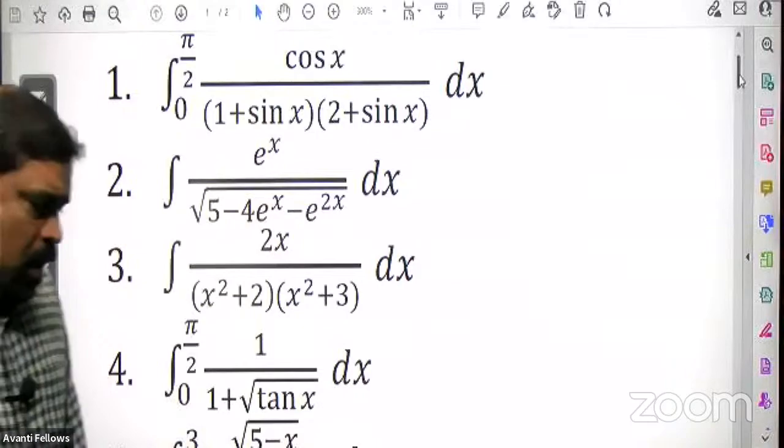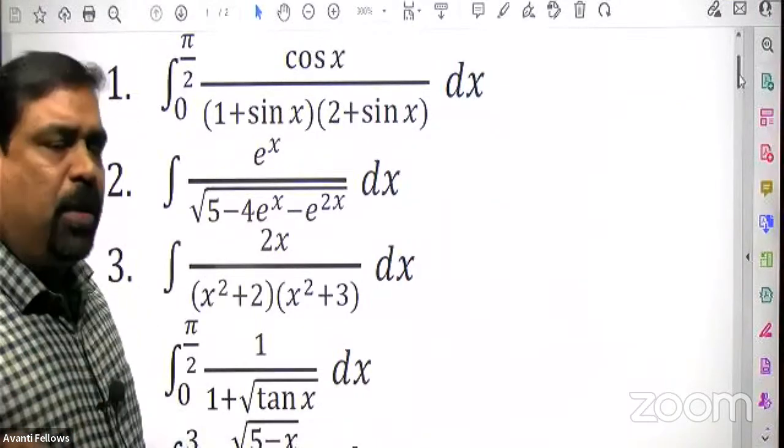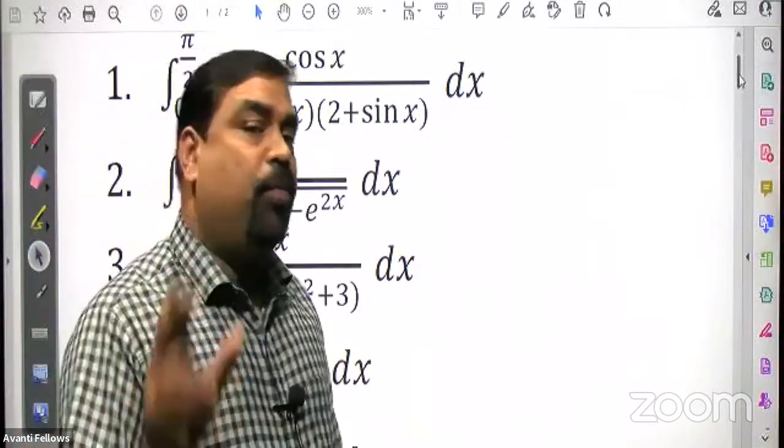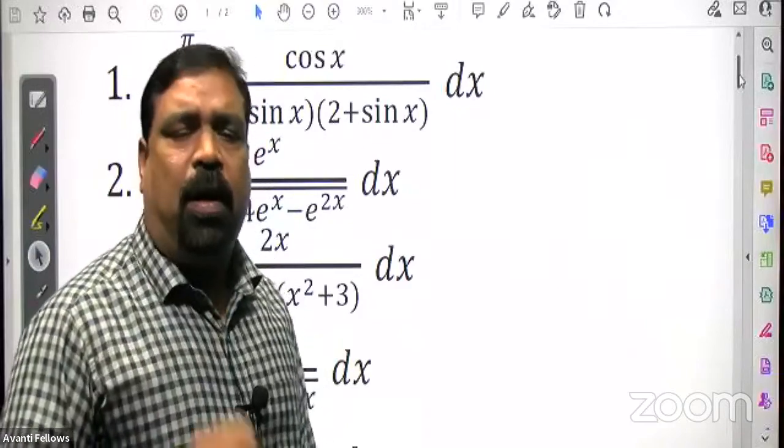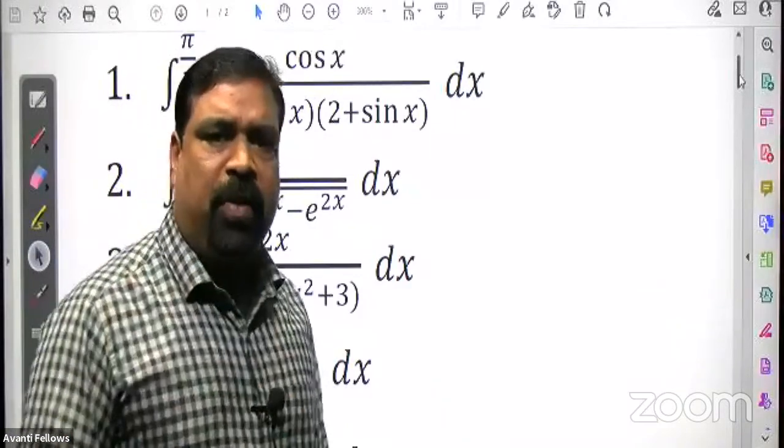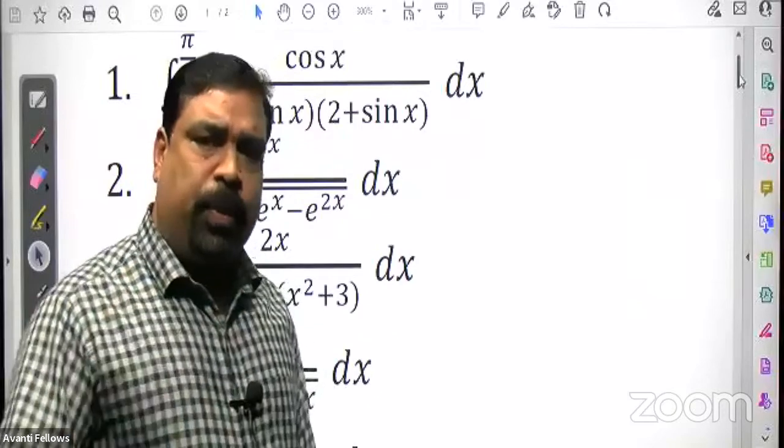In integration, you must be thorough with all the basic integral formulas, that's one thing. Then all the methods also.